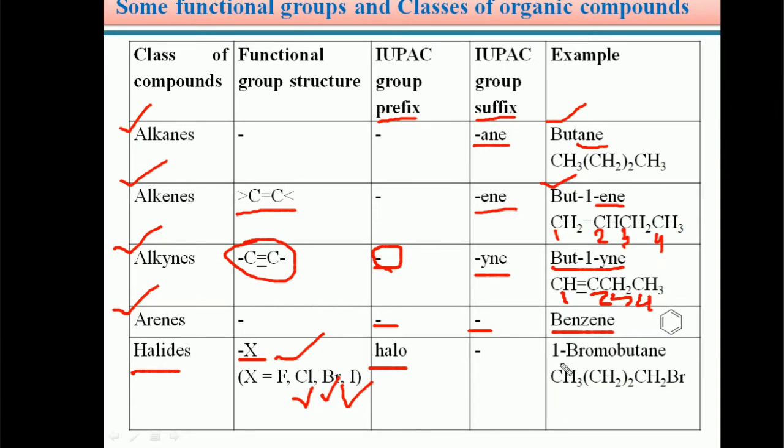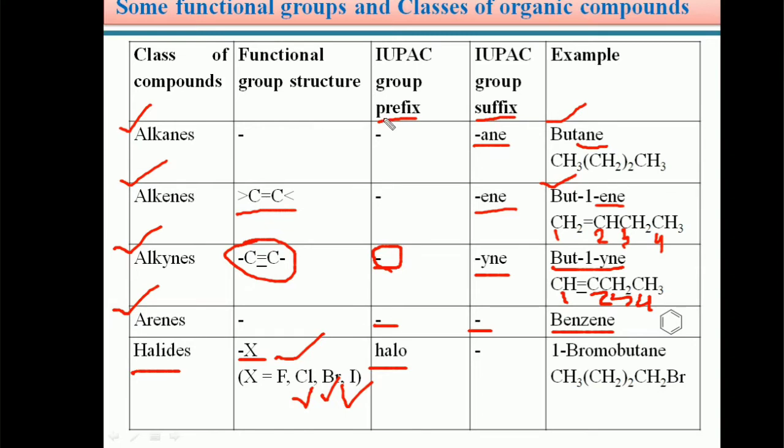For example, we can see 1-bromobutane. These halogens or halides, fluorine, chlorine, bromine or iodine, are always taken as substituents. In the earlier slide we saw, students, alkyl group, phenyl group, COR. Similarly, these halogens, also NO2 group, nitro groups, are generally considered as substituents.